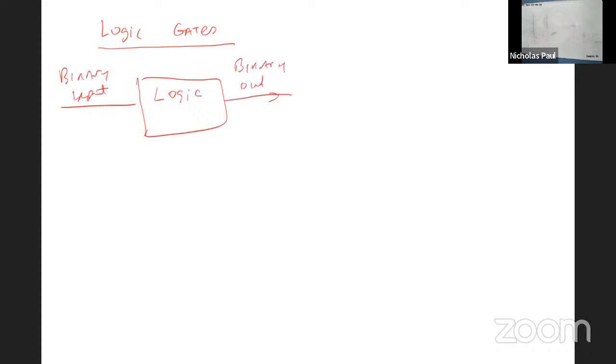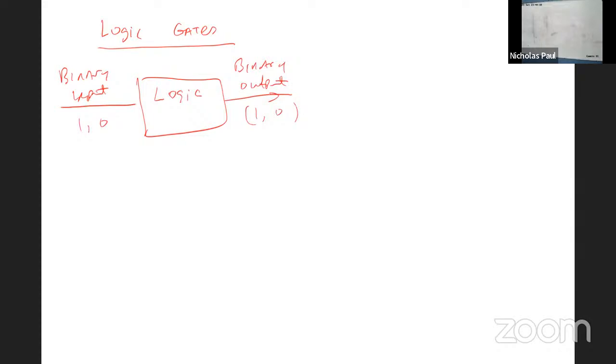All right, logic gates. Are you ready? So here's how a logic gate will work. I could show you a quick simulation, but it's simple. A logic gate takes a binary input and gives you a binary output. Binary means a 1 or 0, and it gives you back a 1 or 0.